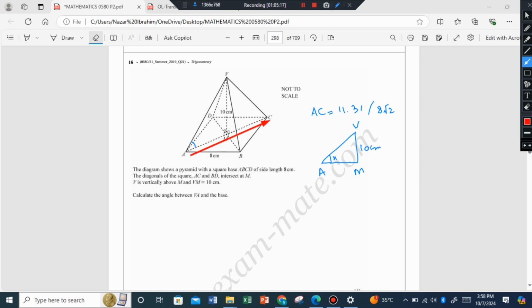This AC is equal to 11.31 or 8 root 2. If we divide it by 2 because it's a square, AM is half of AC. So if I divide AC, which is 8 root 2, by 2, I'll get AM, which will be 4 root 2.